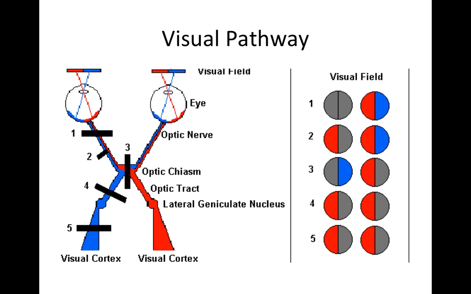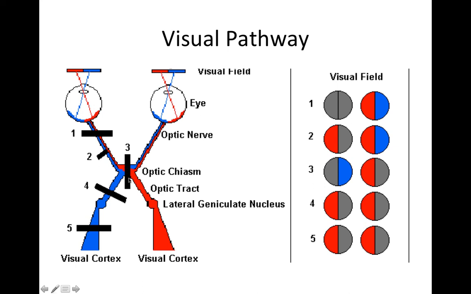Once you've got that, now we have to talk about the pathway. So let's start with the medial aspect of the eye. We already said the medial eye sees the lateral visual field. From there, it is going to run down the medial aspect of the optic nerve.